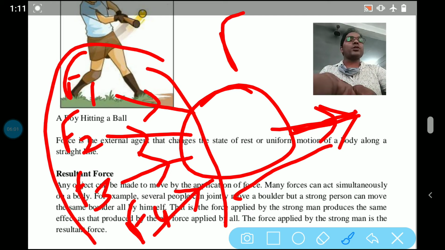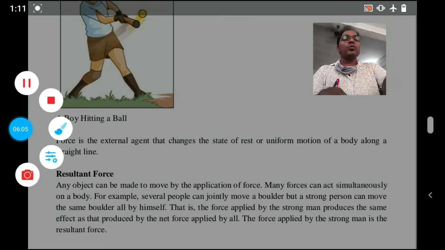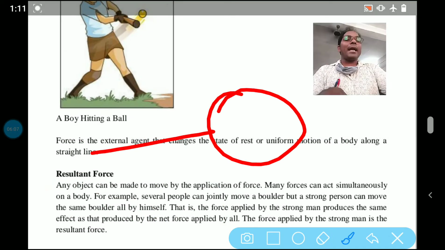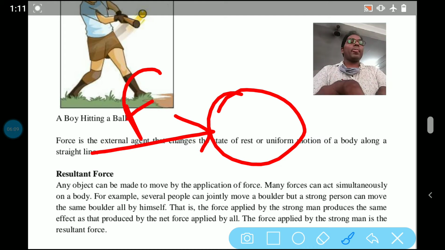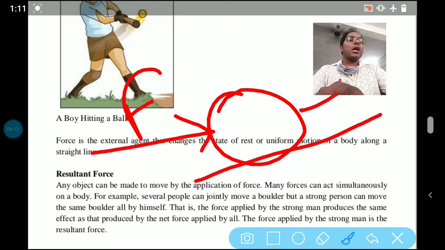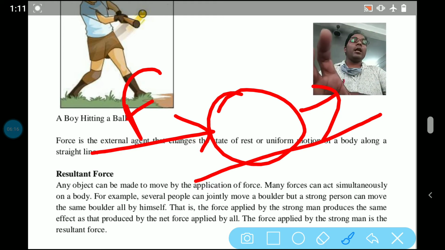Now suppose that in place of these four forces, any one person is applying a single force F to move this same object, and this single force is able to move this stationary object.